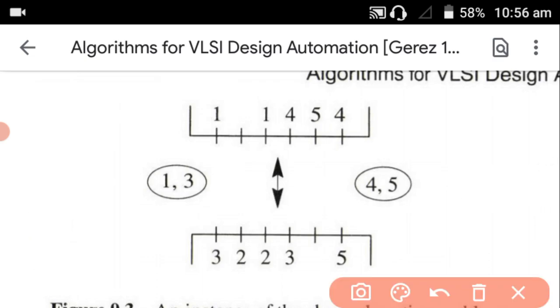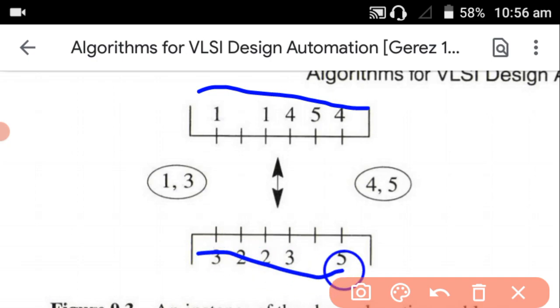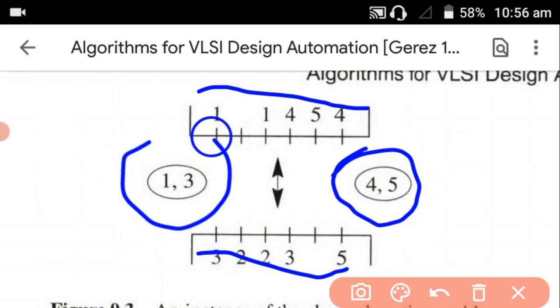So these nets have fixed terminals at the top and bottom of the channel, and floating terminals at the open side. Here 1, 3 and 4, 5 are the floating terminals.